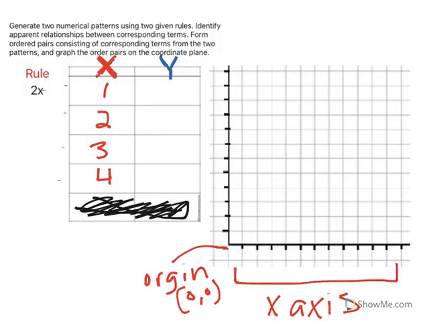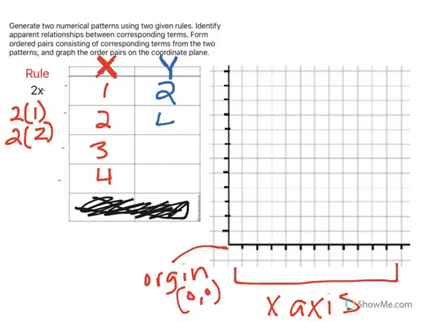So what we want to do when we're given a rule is we look at the x and we say, okay, when x equals 1, applying it to our rule, 2 times 1 is 2. So our y-coordinate is 2. Now we go to the next one. When x is 2, it's given by the rule, 2 times 2 is 4.